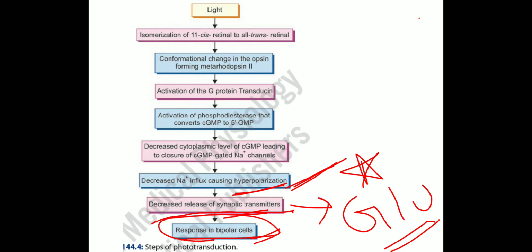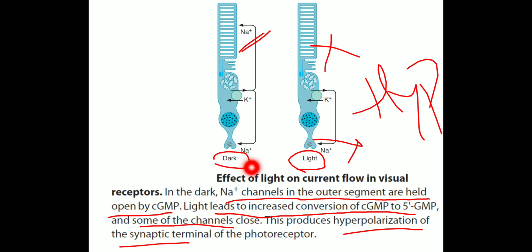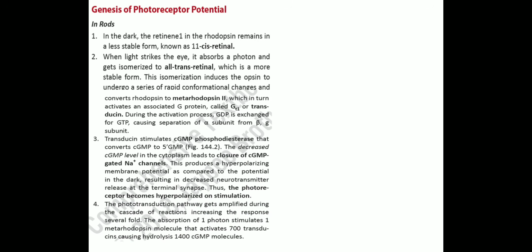And what happens during dark? In dark, there is influx of sodium, but during the light phase, the sodium channel is inhibited and the cell goes into hyperpolarization. This produces hyperpolarization of the synaptic terminal, and this releases your neurotransmitters.